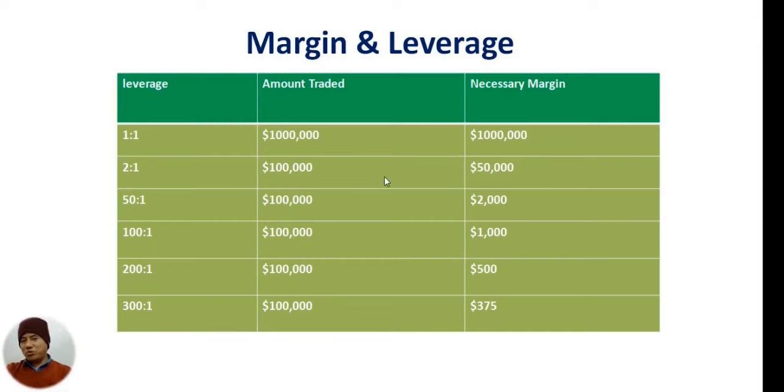Whatever amount you are going to trade with, you have to deposit that entire amount. In the second example, if you get 2-to-1 leverage, then it will be half. Since 50% is given by your broker and 50% you need to deposit on your own, it will become 50,000. And so on and so forth. You can calculate it simply, right? It's a very simple calculation.